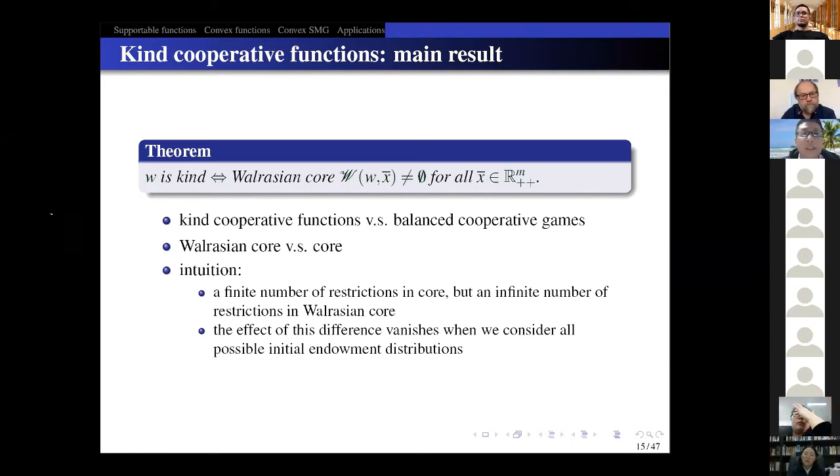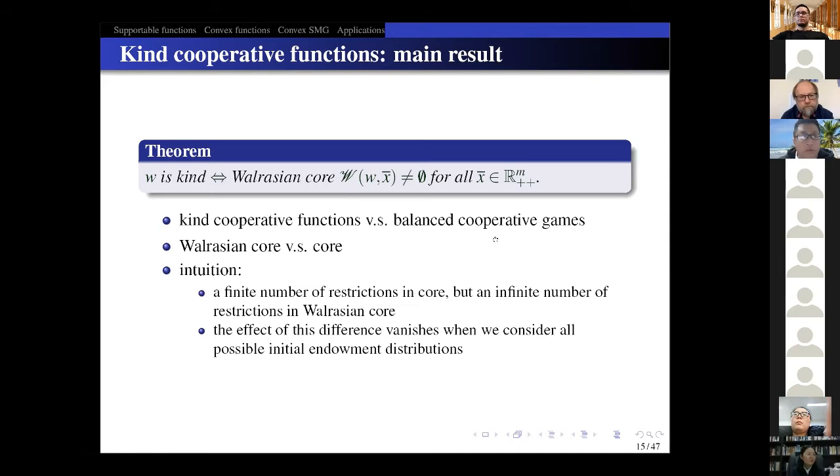But the other direction is not so obvious, but still the proof is not very difficult. So from this theorem, we can feel that the variation core plays a comparable role as the core does for cooperative game theory.